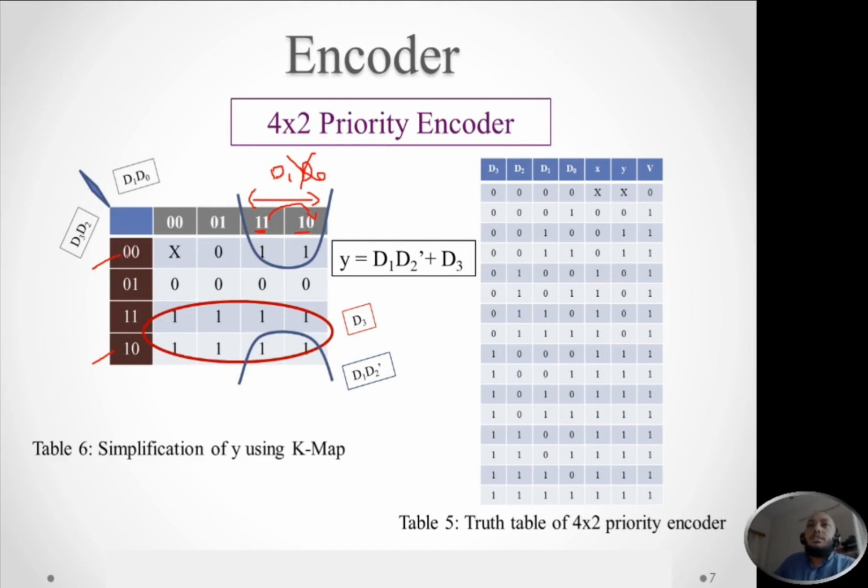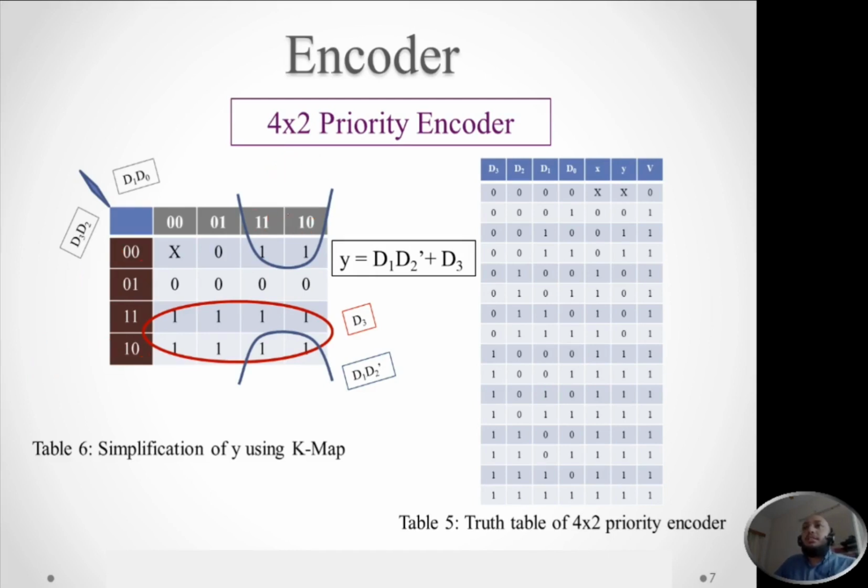Along the rows we can see that in these 2 states d3 changes from 1 to 0, but d2 doesn't change, so we will take d2, we won't take d3. And d2 is not 1 here, d2 is 0 here, so we will take d2 bar or d2 prime.